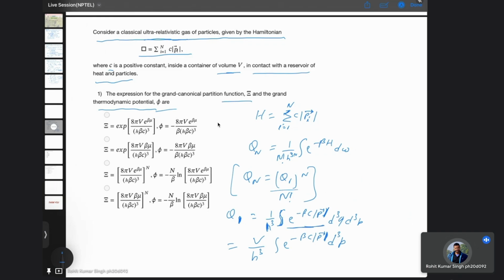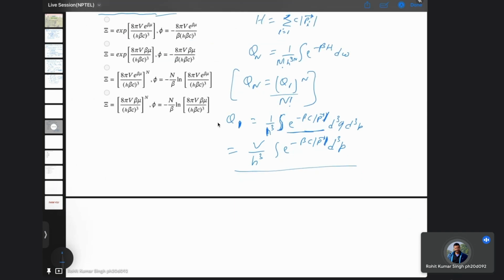So that's why we were able to integrate the position coordinate to the volume. But to integrate this, we will have to consider a spherical coordinate system. So we can write this further.